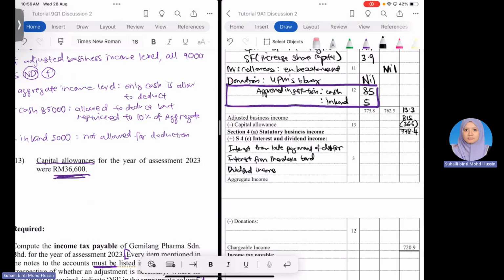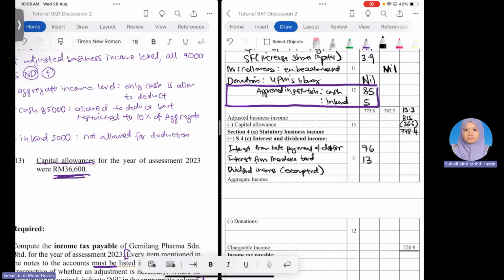So interest from the late payment of the debtors under section 4, subsection C is subject to tax. So 9,600 subject to the tax, no exemption. Interest from Merdeka bond for the company also no exemption, subject to the tax, 13,000. Dividend income that all the shareholders receive is exempted from the tax.